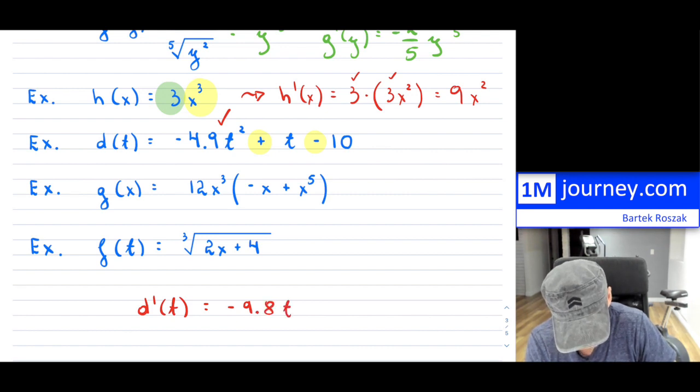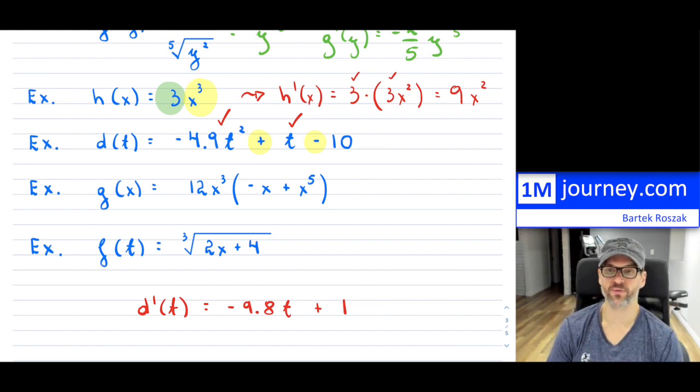This is going to be t, I'm subtracting 1, so that's just that. Plus, because it's the summation, I can now take the derivative of t, that's just 1, and then take the derivative of the constant minus 10, which is really 0, so this would simply fall off. And that is my overall derivative of that function.